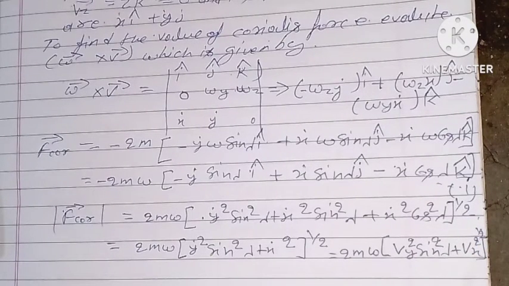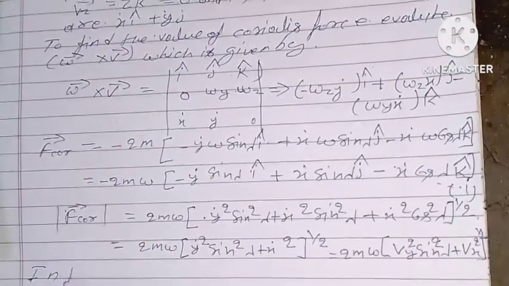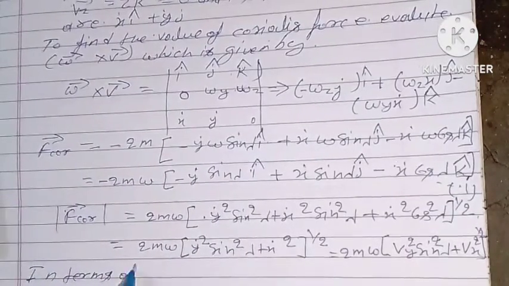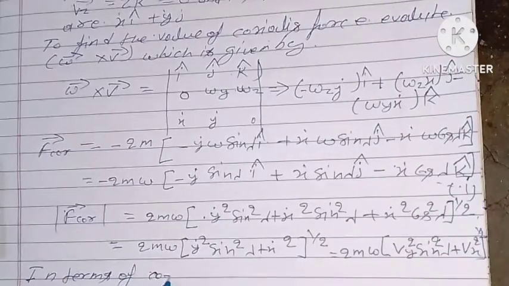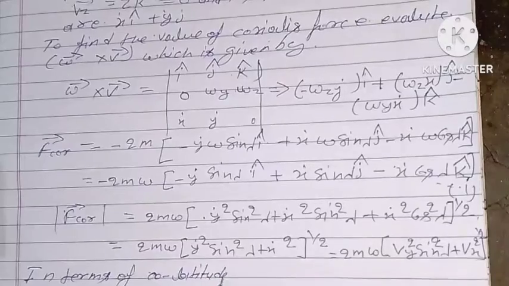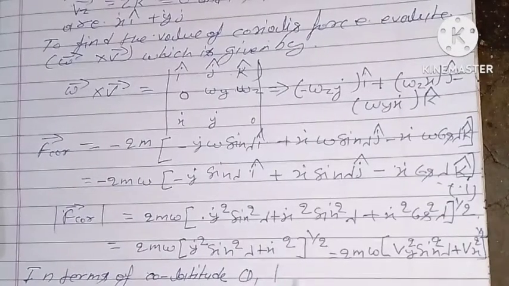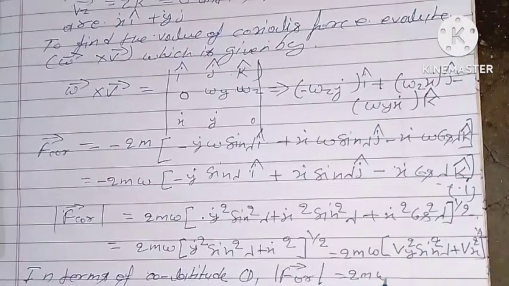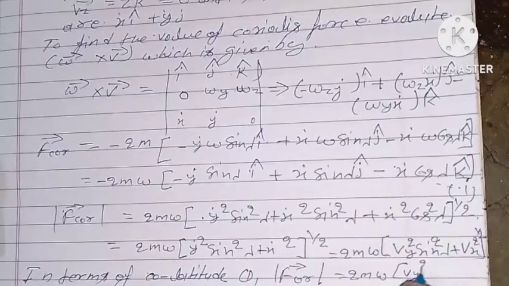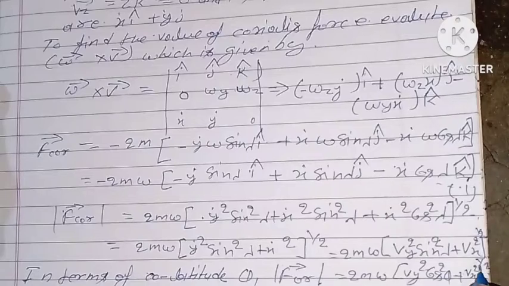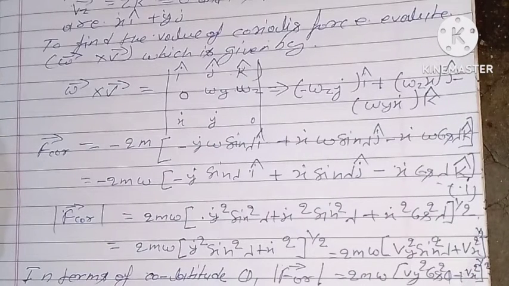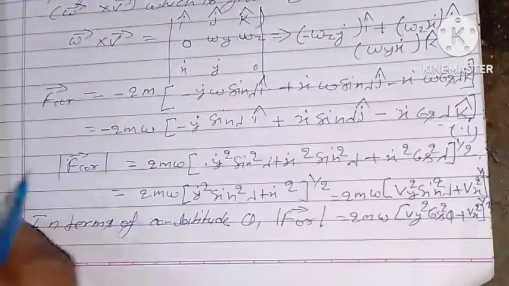In terms of colatitude phi, F Coriolis is 2m omega (vy squared cos squared phi plus vx squared) to the power 1 upon 2.